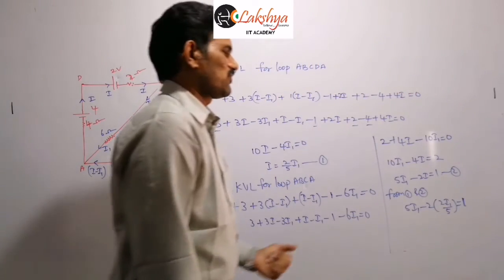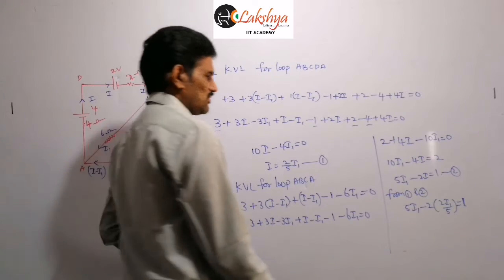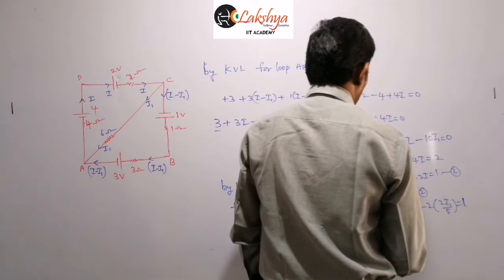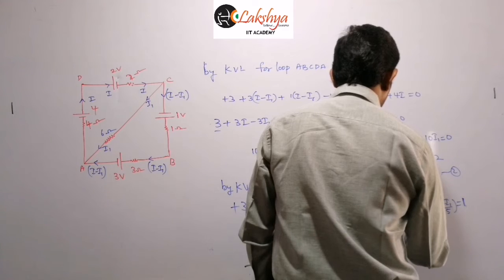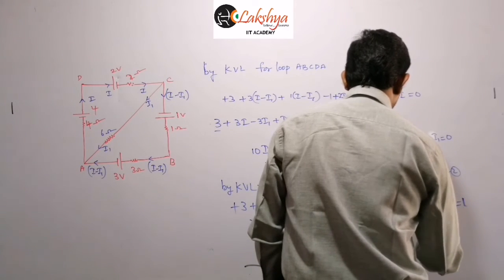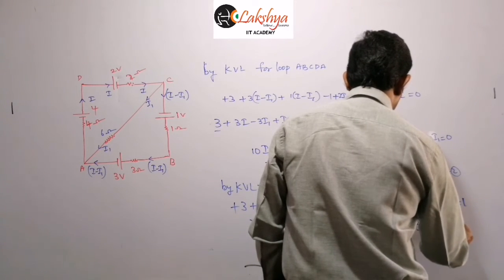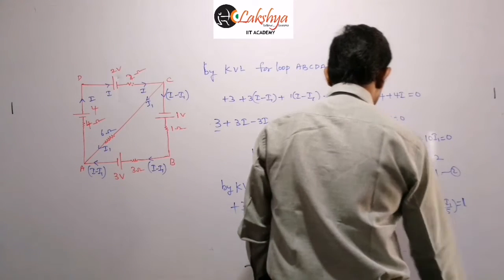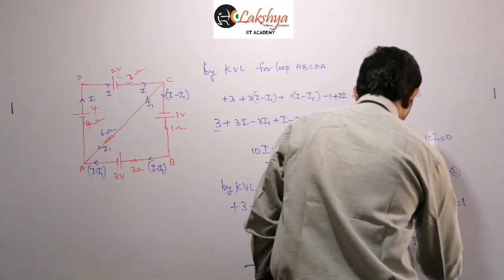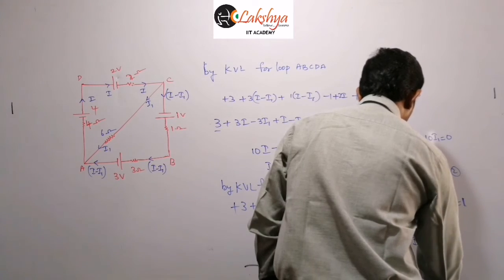And then simplify, take LCM and simplify this. Therefore this I1 value is here 25 minus 4 you will get. So 21 I1 by 5 is equal to 1. Therefore, this I1 is equal to 5 by 21 amperes, right?